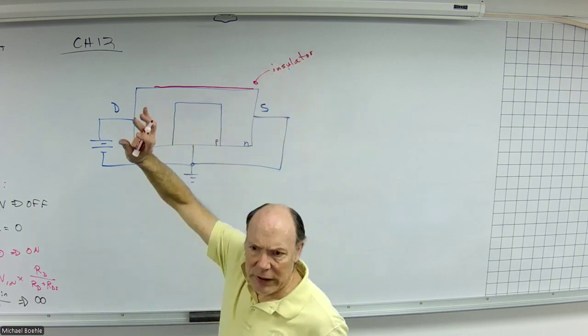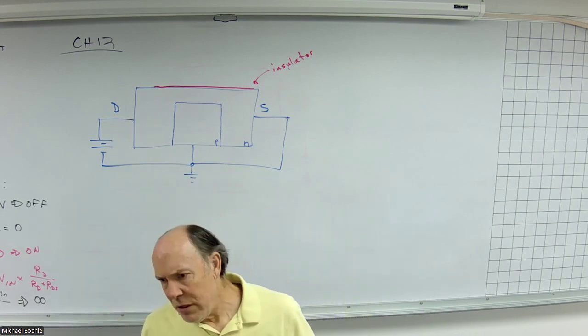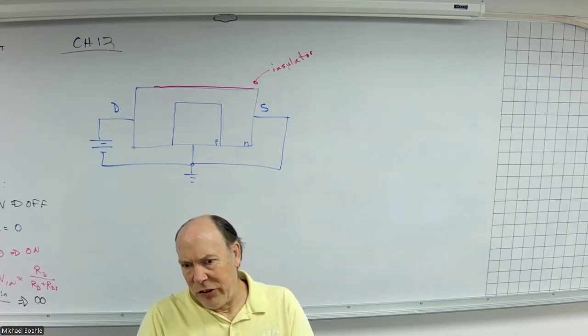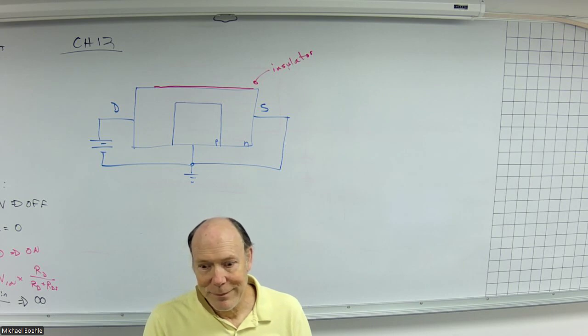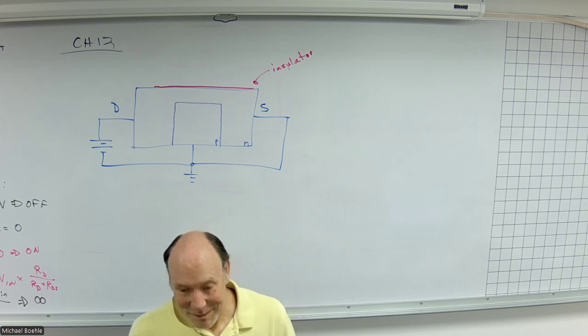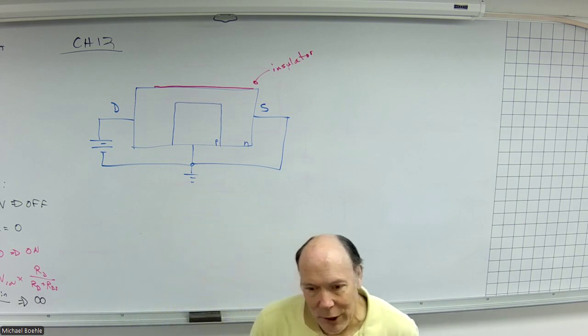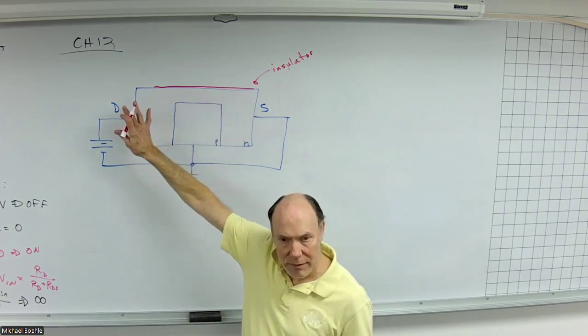This is actually done fairly easily by exposing silicon to oxygen and oxidizing the silicon, because that creates essentially silicon dioxide, which is what? Glass. It's essentially sand, but when you melt it, it's like glass, right? So glass is an insulator, so that's very easily done.